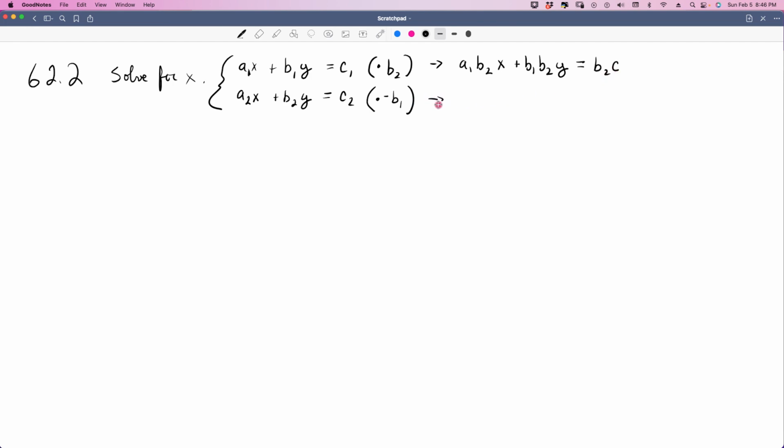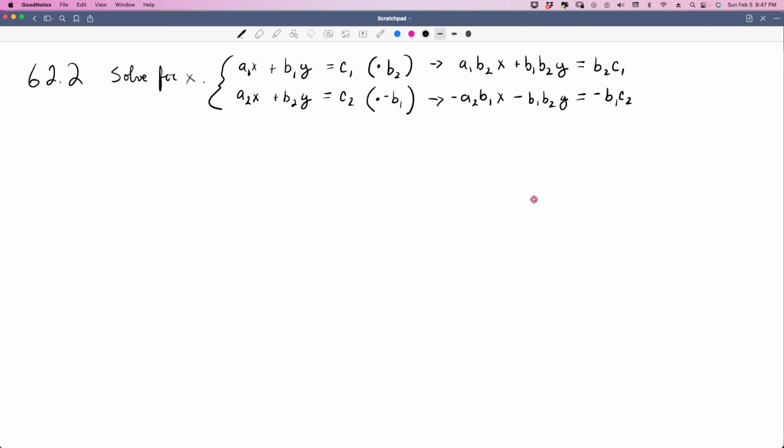This one then becomes a negative a sub 2 b sub 1 x minus b sub 1 b sub 2 y equal to negative b sub 1 c sub 2.